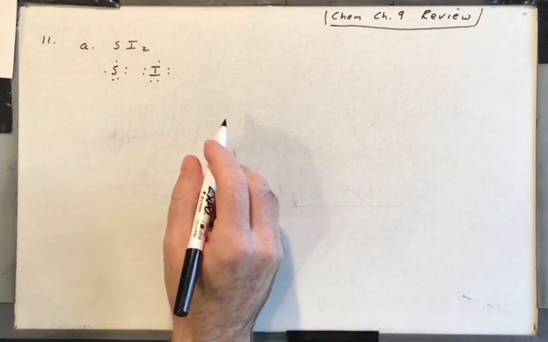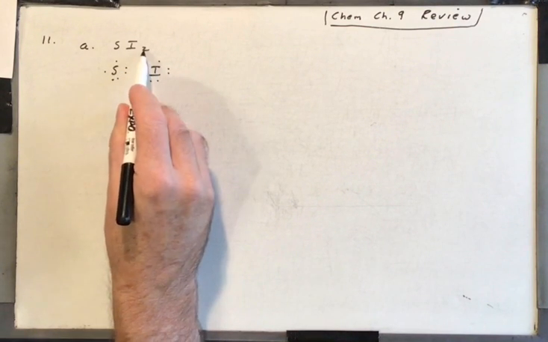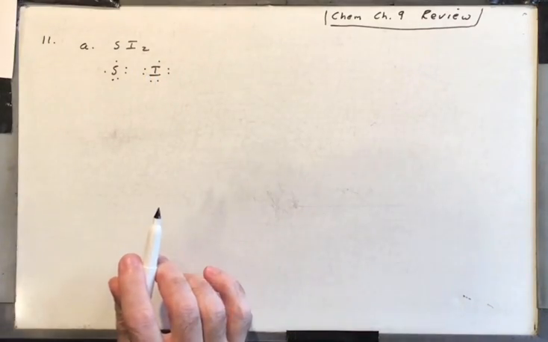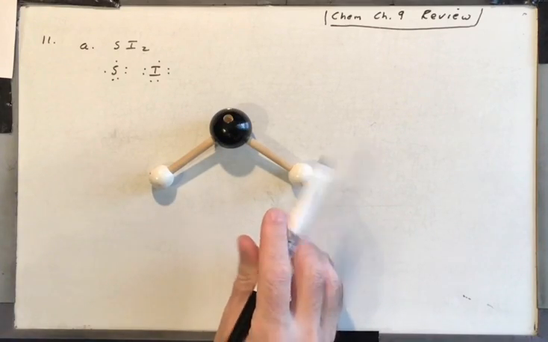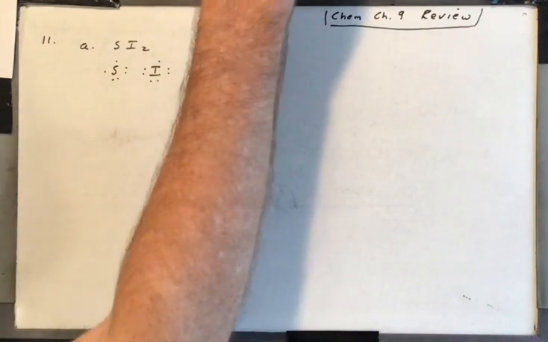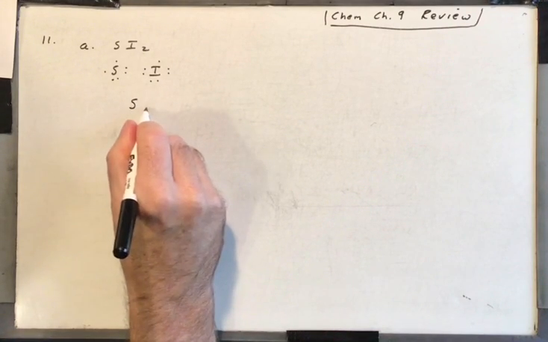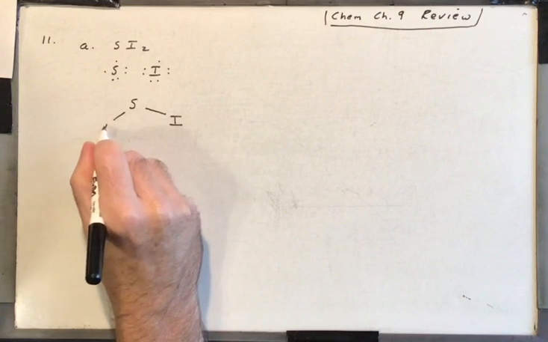If you have a sulfur in the center surrounded by 2 single bonds for iodine, it's going to make a bent shape. So it would be like this.